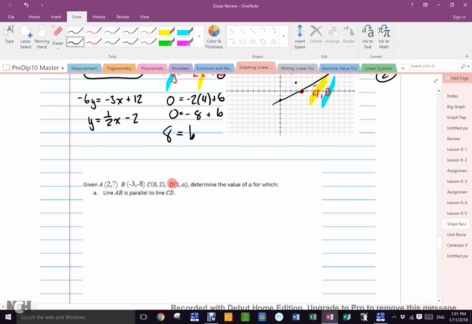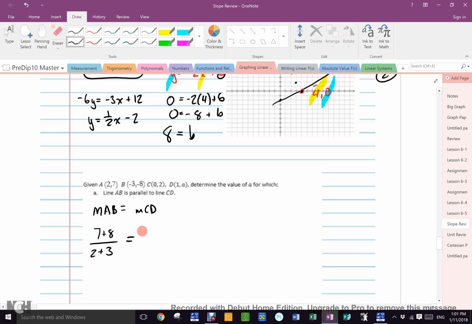If they're parallel, what do you know about the slopes of AB and CD? They're the same. So the slope of AB is 7 plus 8 over 2 plus 3.